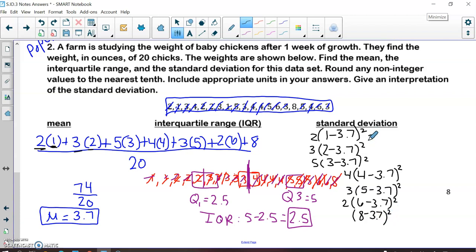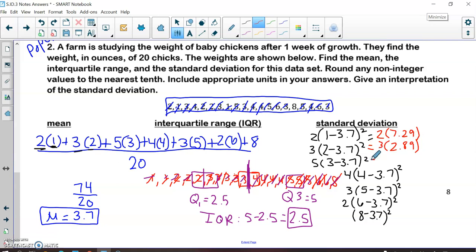Okay, so a 1 minus a 3.7 squared comes out to be 7.29. A 2 minus a 3.7 squared comes out to be 2.89, and I had 3 of those.